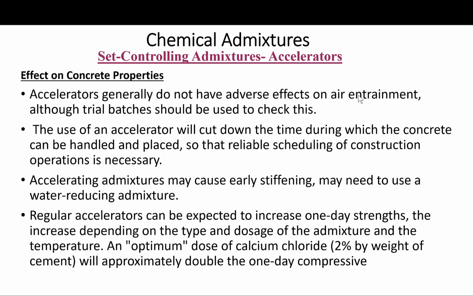Regular accelerators can be expected to increase the one-day strengths. The increase depends on the type and dosage of the admixture and on the temperature, because it affects hydration. So an optimum dose of calcium chloride, assume it's being used at about 2% by weight of cement, will approximately double the one-day compressive strength of concrete, again dependent on the current temperature.